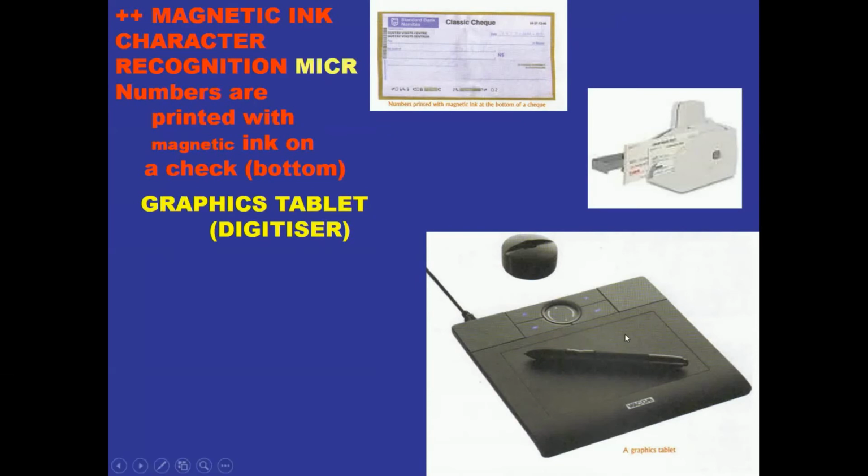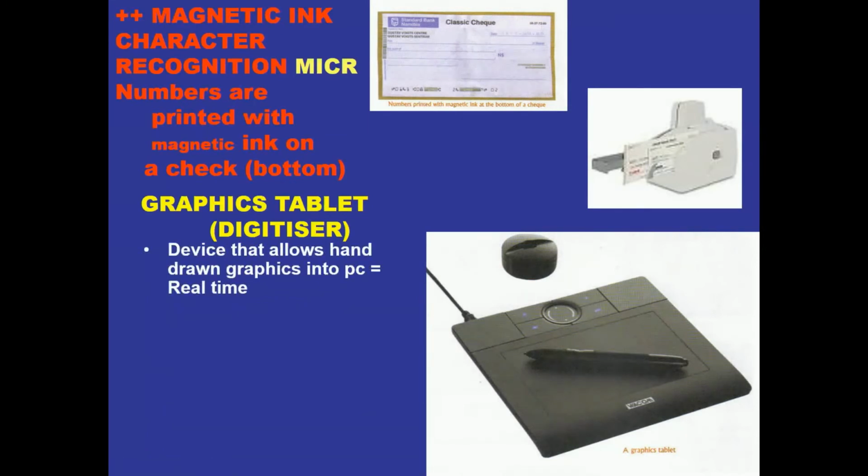You take the pen and you draw on that surface. Whatever you draw there is in real time converted and sent into the computer, making this an input device. It's a device that allows hand-drawn graphics into the computer in real time. So as you draw, it shows on the computer and you can also save it.